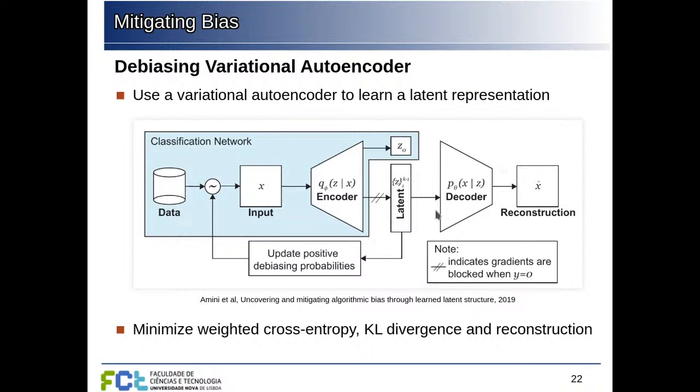So this part here is trained in an unsupervised manner. This is an autoencoder, while this part here is trained in a supervised manner because it's classifying the examples. And the overall loss function is a weighted sum of the cross-entropy error here for the classification, the Kullback-Leibler divergence for the latent space representation in the variational autoencoder, and the reconstruction error that we have here.